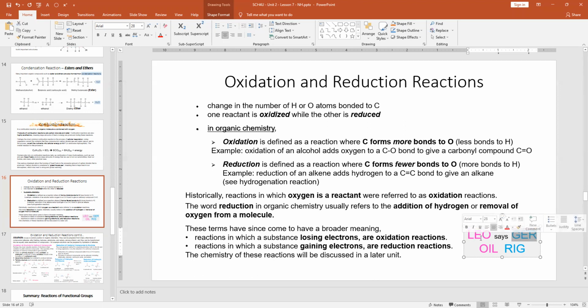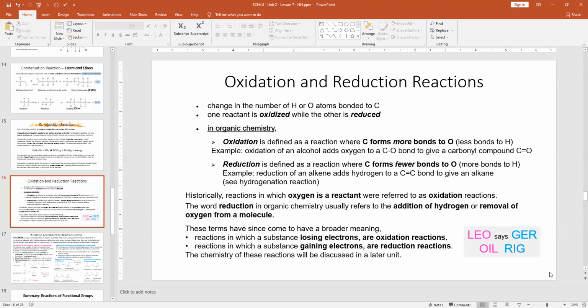So loss of electrons, oxidation; gain of electrons, reduction. Same with OIL RIG. Whichever one is easier for you to remember, either LEO says GER or OIL RIG: oxidation is loss, reduction is gain, and we're talking electrons here. Okay.